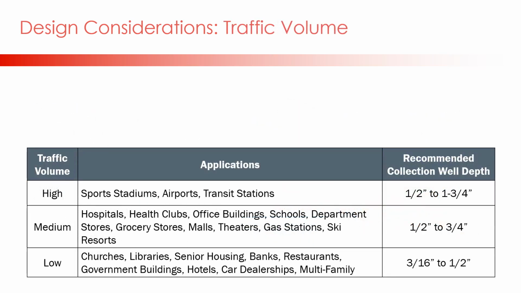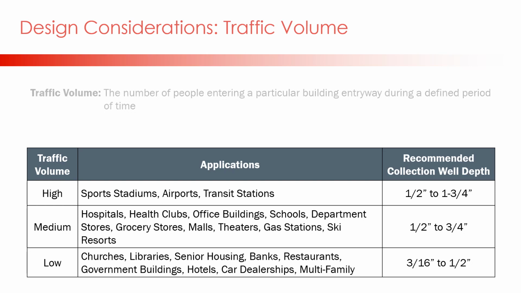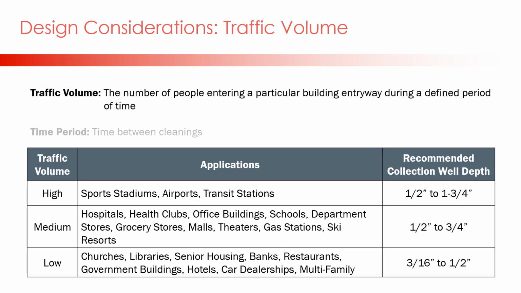The next design consideration is traffic volume. Traffic volume is defined as the number of people entering a particular building entryway during a defined period of time. The defined period of time is the time allowed between cleanings.